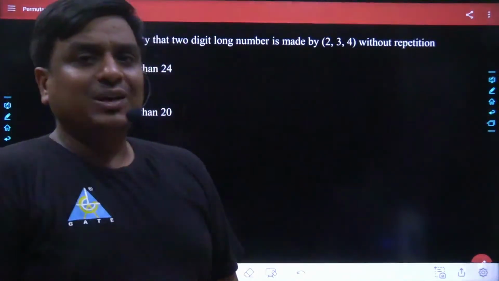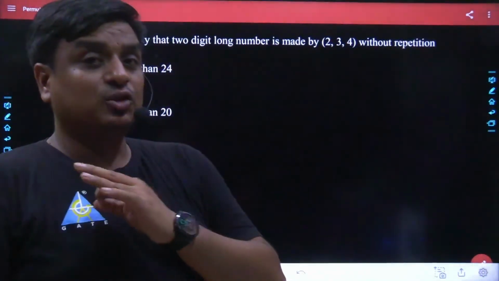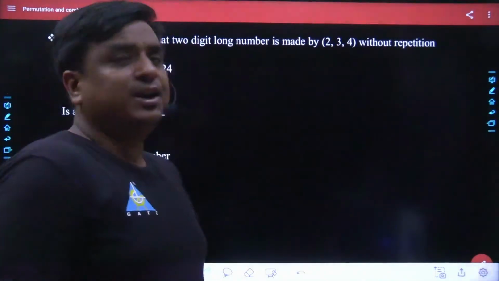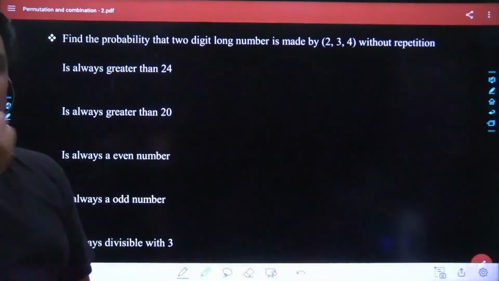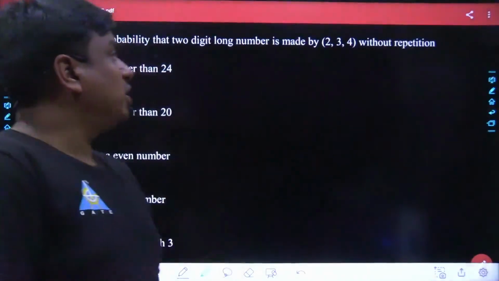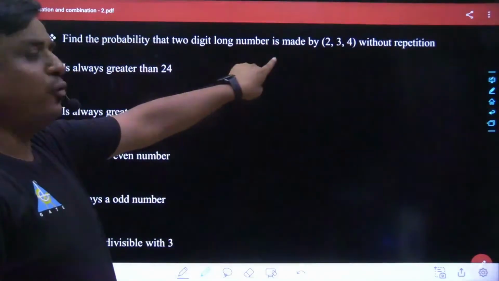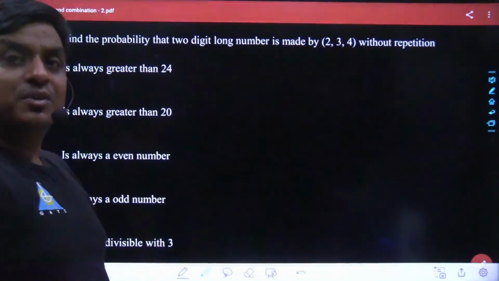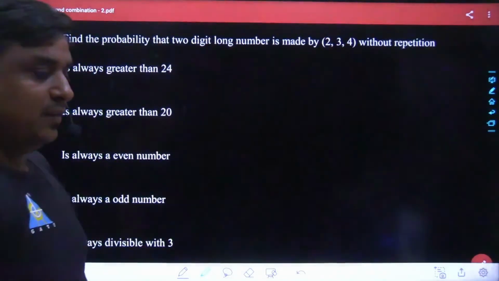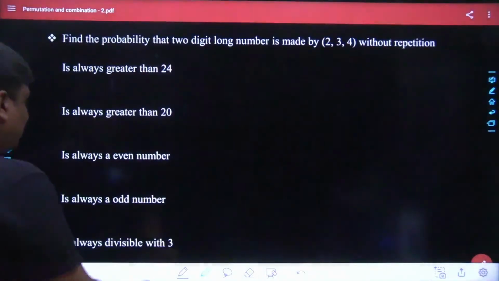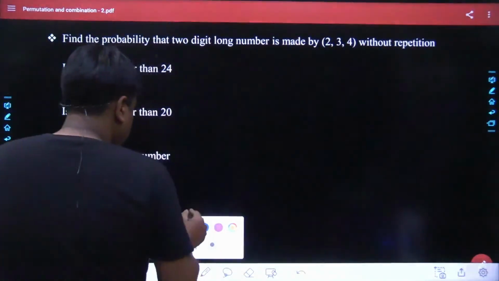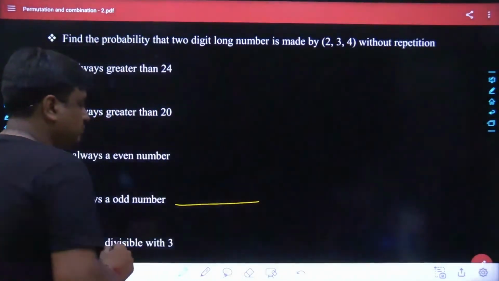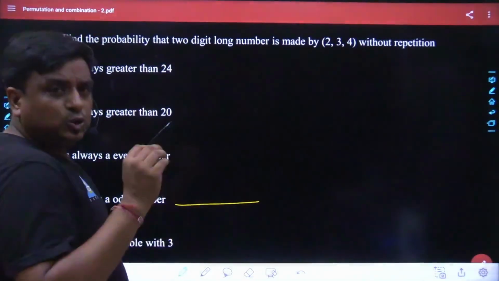If you add them together, the result is 7, and as 7 is not divisible by 3, again you can't use 3 and 4 together to form a 2 digit long number. But if you take 2 and 4 together, either it's 24 or 42, both of the numbers are divisible by 3.